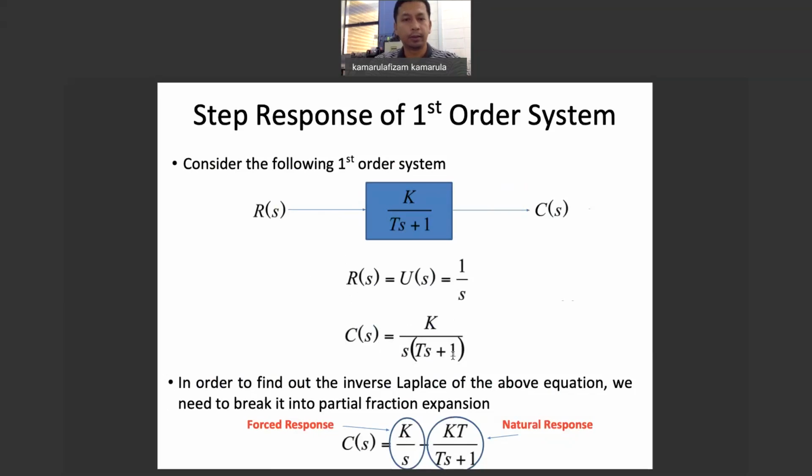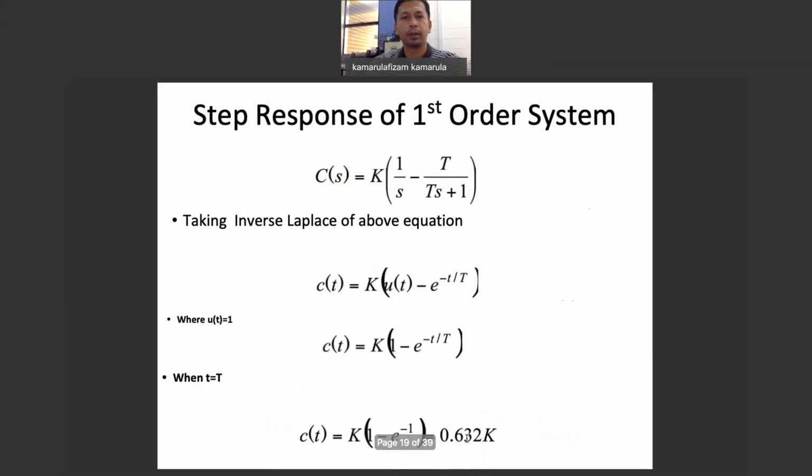But the next step is that we have to do the inverse Laplace, and before you can do that, you have to break the whole equation using a partial fraction expansion. In this case, the example here is all being given. After you finish the partial fraction, you can take the inverse Laplace, and you will have something like this.